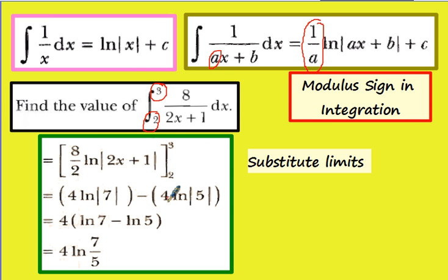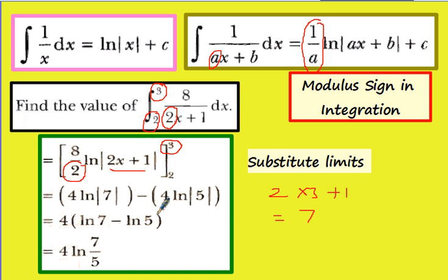So 8 upon 2 log 2x plus 1. So 8 upon 2 we have taken upon 2 because the coefficient of this ax plus b became the denominator here, and then you have written log 2x plus 1, and then substitute the values. So 2x plus 1, if you substitute 3, becomes 2 into 3 plus 1, so 7.